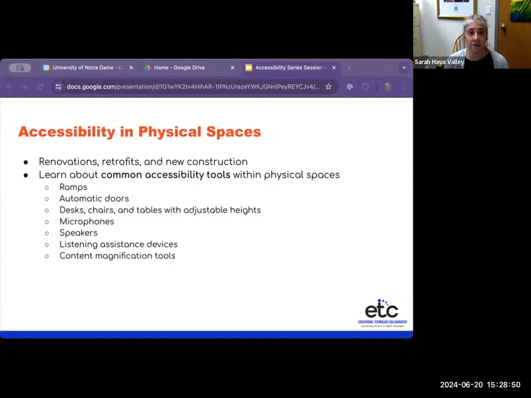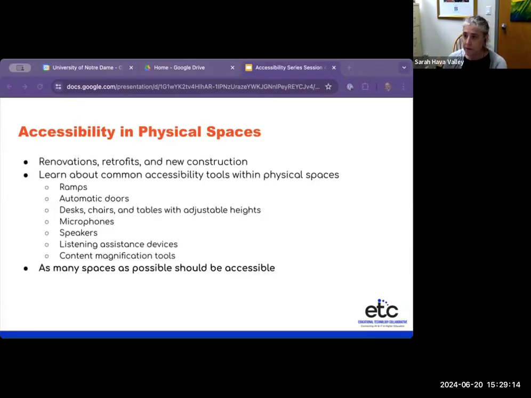Microphones and speakers are pretty common in large spaces, especially classrooms, but those are actual tools that can be used for accessibility. Listening assistance devices, we have content magnification tools, just all kinds of things in general that it's just good to be as familiar with as you possibly can.